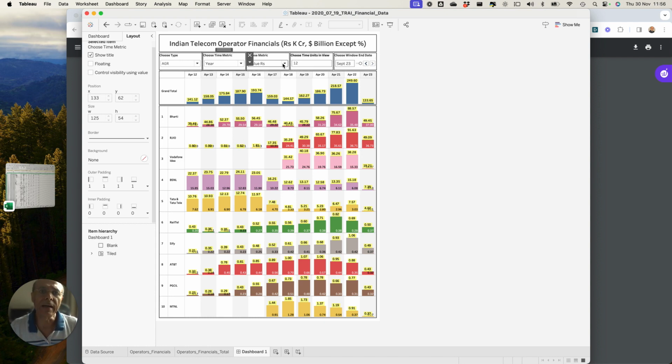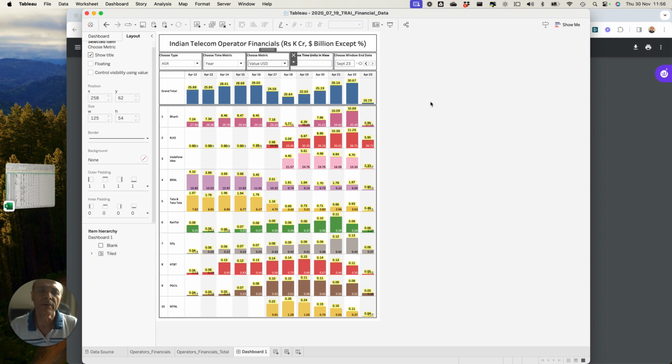Now let's look at dollar numbers, because dollar numbers give a different picture. If I do a dollar calculation, you will find that the trend is almost similar. There was an increase in revenue till FY17, which was $29 billion, and then it decreased and went down significantly in FY19 to $20.64 billion, and then there is a rising trend.